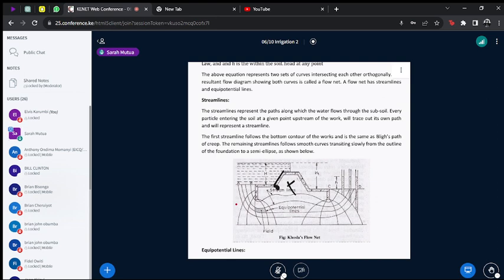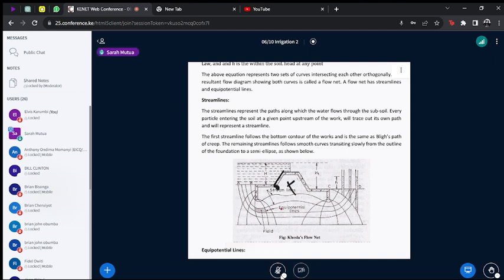And the first streamline, when we are making flow nets, is assumed to start from the upstream and follow as much as possible the profile of the bottom of the weir. And it acts as the creep path, the path that the water follows as it creeps through beneath the weir.